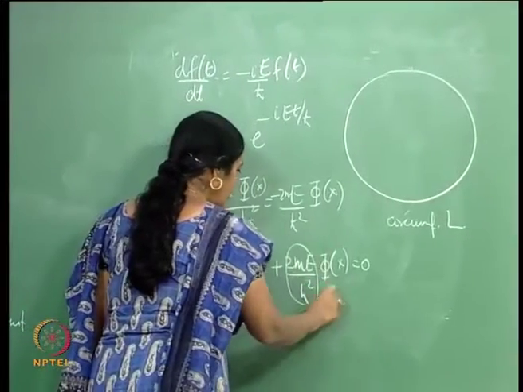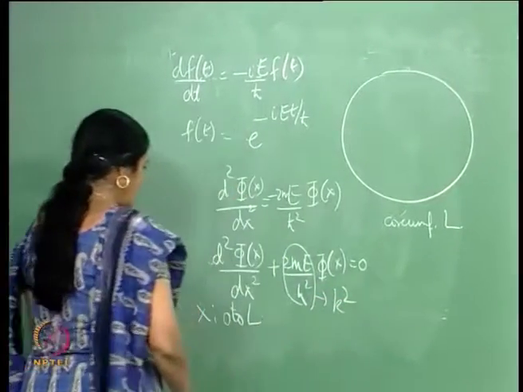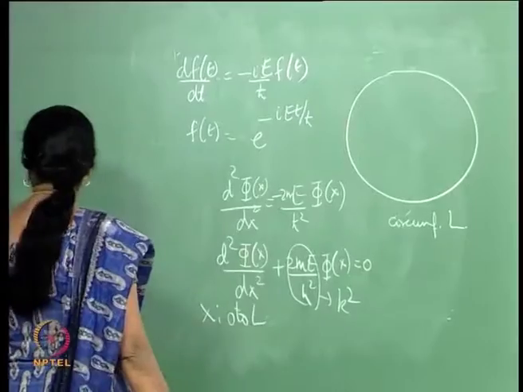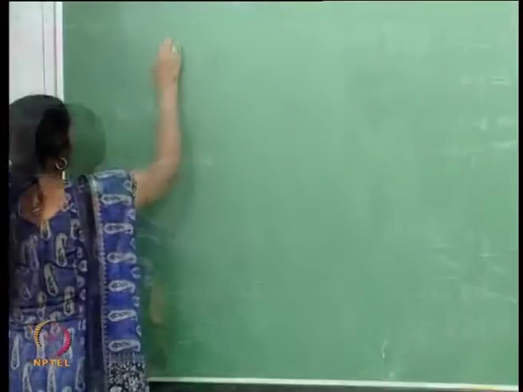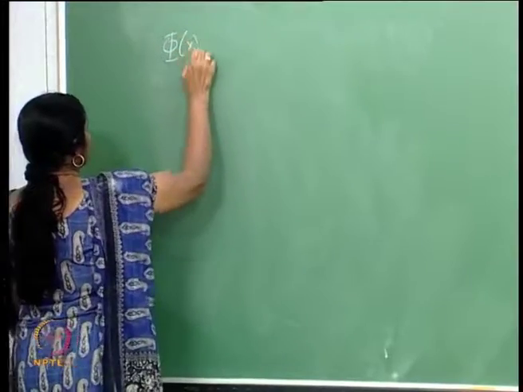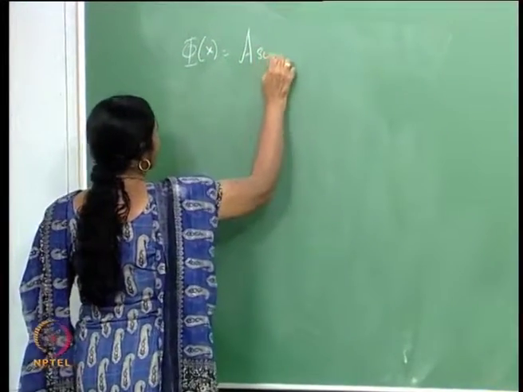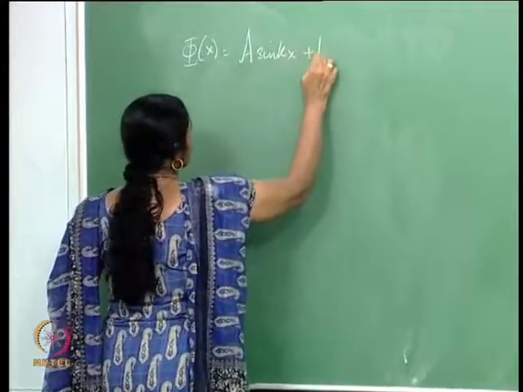Now, this is some k squared, therefore, the general solution is simply going to be phi of x, some a sine kx plus b cos kx.